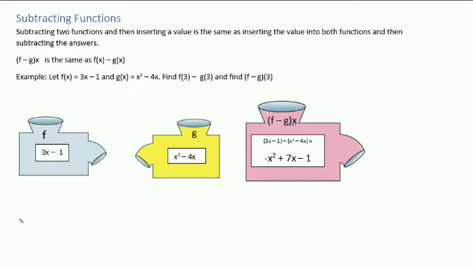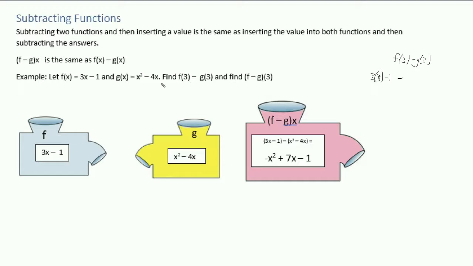So let's look at the algebra way again. So we want to do f of 3 minus g of 3. So f of 3, that's where we put 3x. Well, 3, sorry, and our x is a 3. So 3 times 3 minus 1. And then we're going to subtract g of 3.